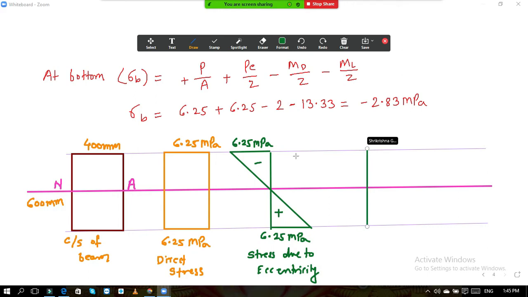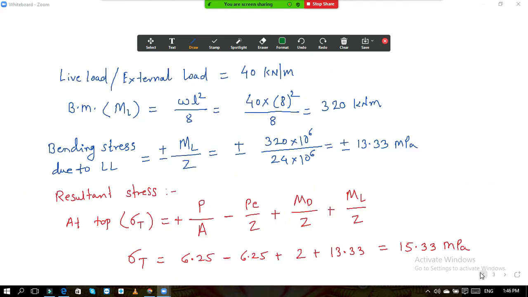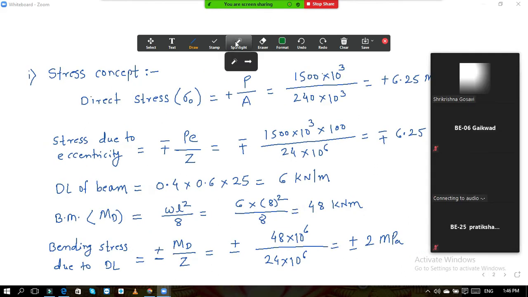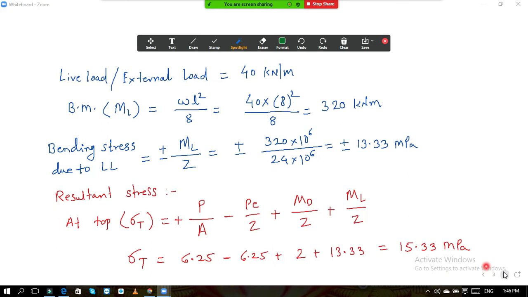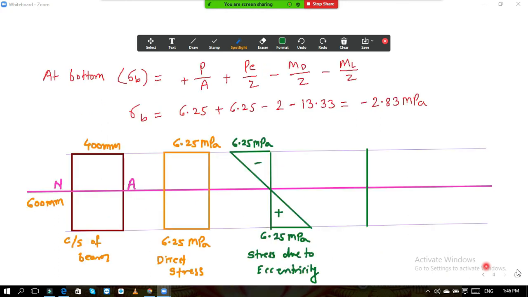Okay, next diagram is for your dead load. Bending stress due to dead load is plus minus 2 Newton per mm square due to dead load. So that we should plot plus minus 2. So for plus, at top it is plus, so I will plot to the right hand side because it is plus.